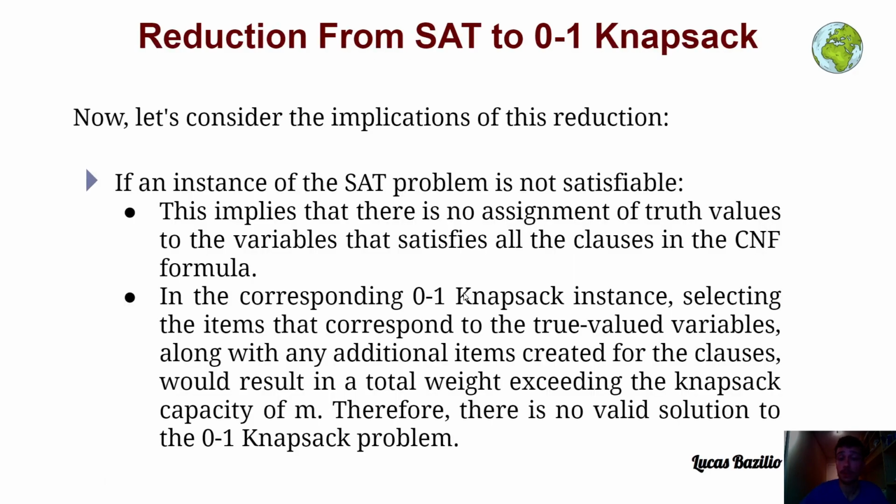This implies that there is no assignment of truth values to the variables that satisfies all the clauses in the CNF formula. Therefore, in the corresponding 0-1 knapsack instance, selecting the items that correspond to the true-valued variables, along with any additional items that we have created for the clauses, will always result in a total weight exceeding the knapsack capacity of m. Therefore, there is no valid solution to the 0-1 knapsack problem.